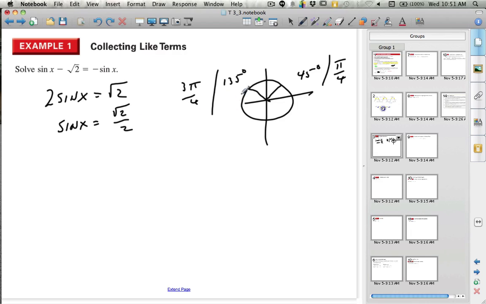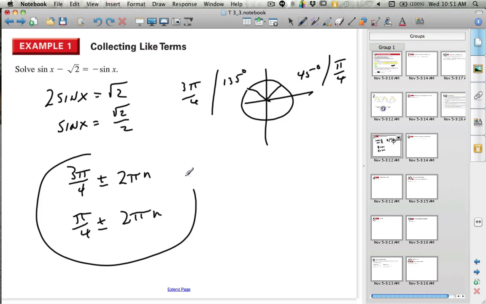And if I want to then account for all the coterminal angles, I'll have 3 pi over 4 plus or minus 2 pi n. And I'll also have the original solution, pi over 4 plus or minus 2 pi n. And that would be my solution.